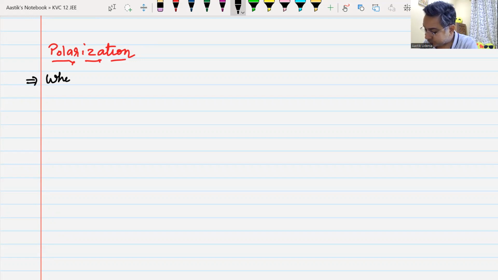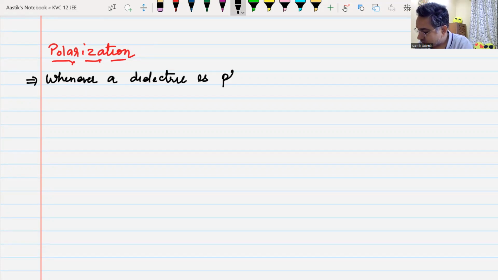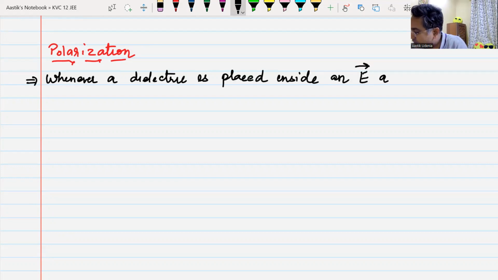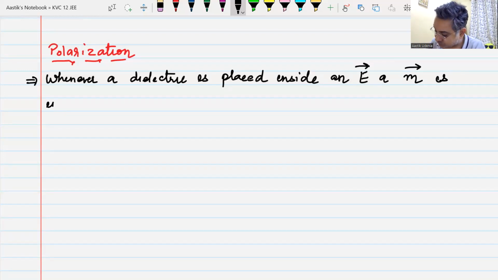Whenever a dielectric is placed inside an electric field, a dipole moment, and let me call this dipole moment M, is induced in the dielectric.